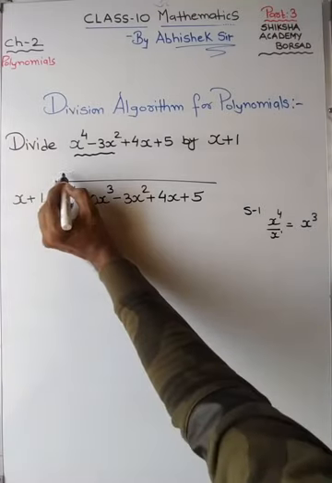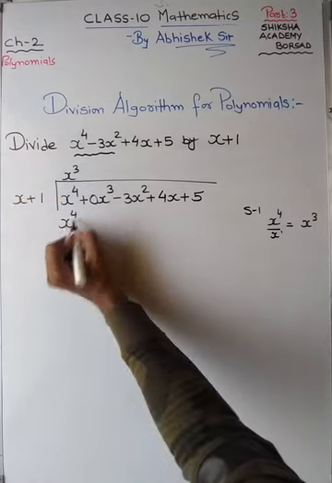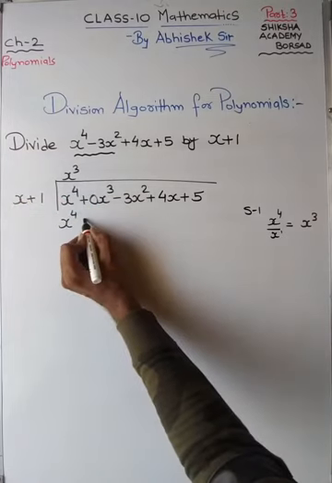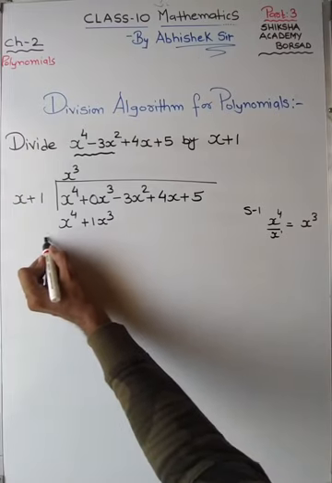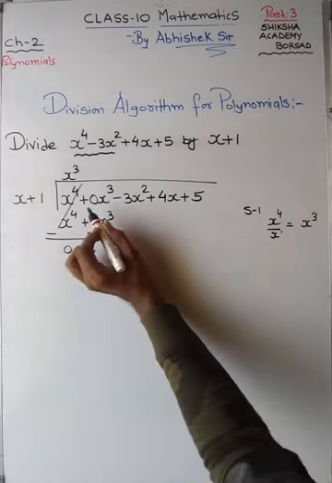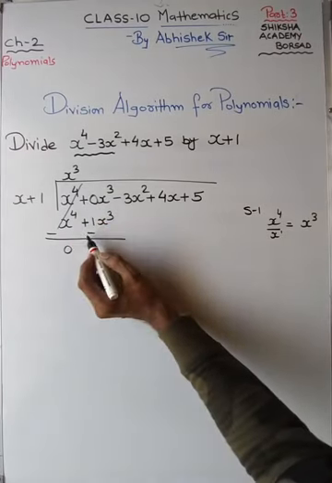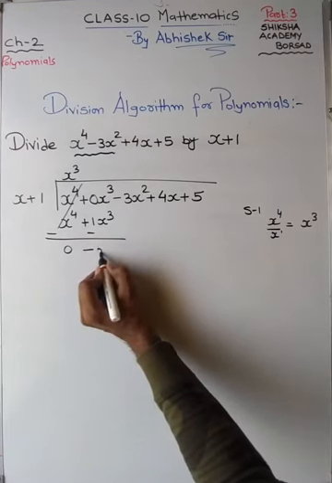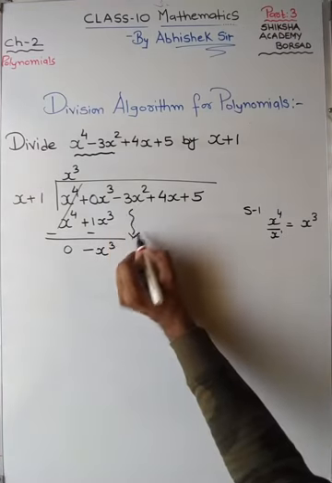Multiplying x into x cube is x raised to 4. 1 into x cube becomes 1x cube. Sign change, this will be cancelled. Now here, you see, 0x cube minus 1x cube. So the answer will be minus x cube. Okay, now repeating that.